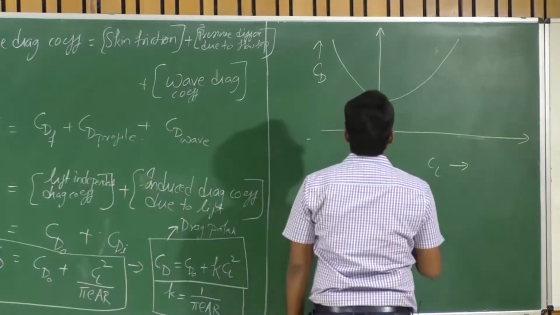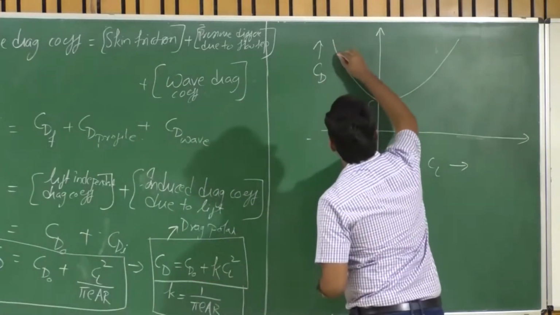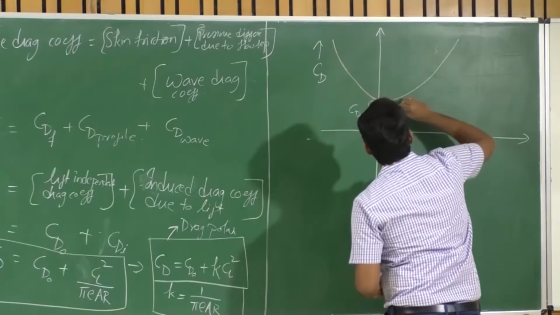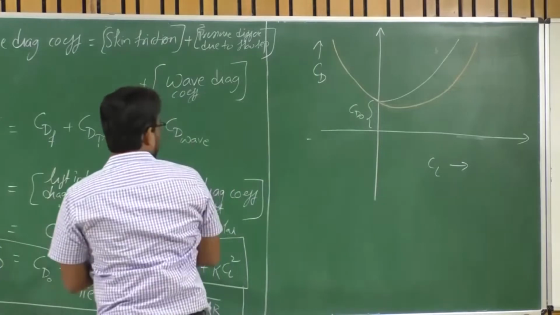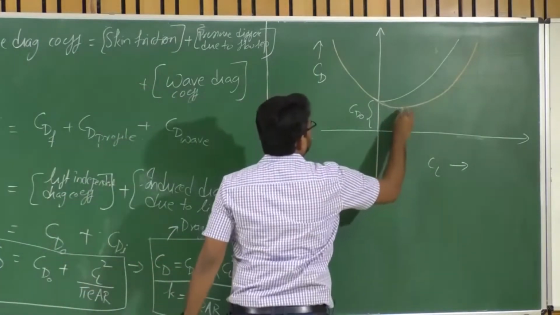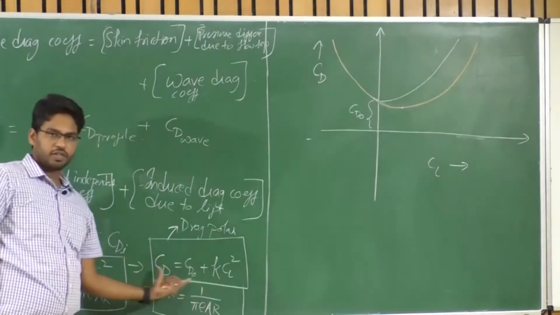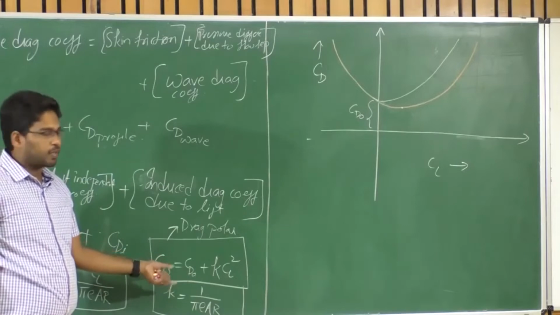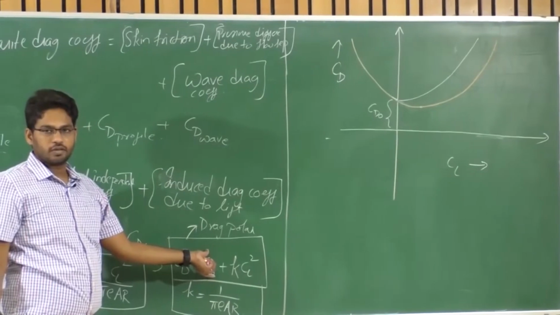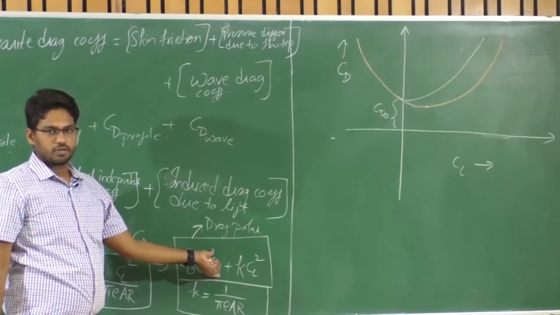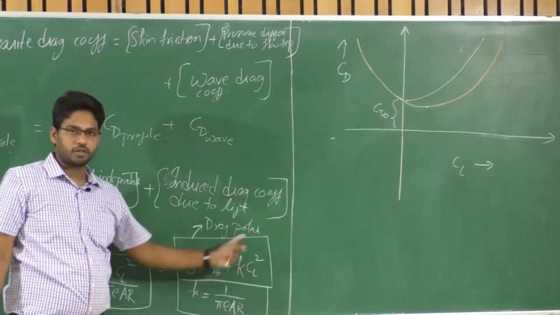So you can see the minimum point is not CD naught, it's something else. Am I correct or not? If I postulate with this particular equation, the minimum that I can expect, because CL can never be negative here, is CD naught. Am I correct or not here? Isn't it? Because even if CL is negative, the contribution will be positive here, right?